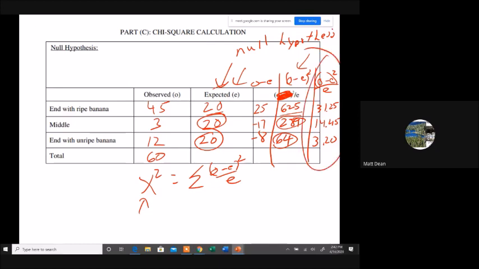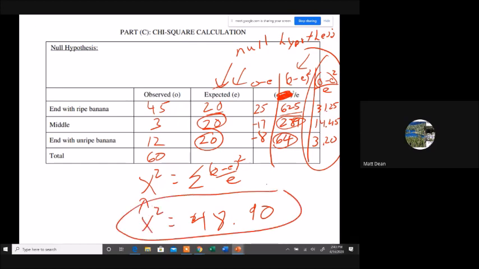So let's add up everything in that last row, and that's going to be 48.90, I think. Let me check my math there. Yep, 48.90. That's our chi-square statistic.